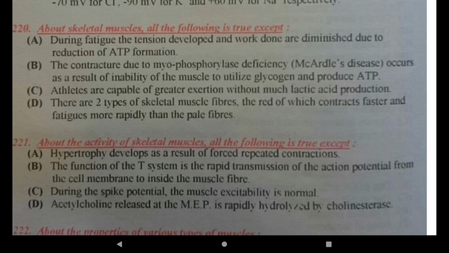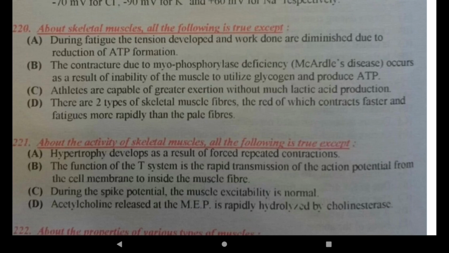It is correct that fatigue is brought about by diminished ATP production. It is true that McArdle's disease occurs due to inability of the muscle to use glycogen since it is deficient in myophosphorylase. That is correct as well. Athletes are capable of greater exertion without much lactic acid, which is also correct.